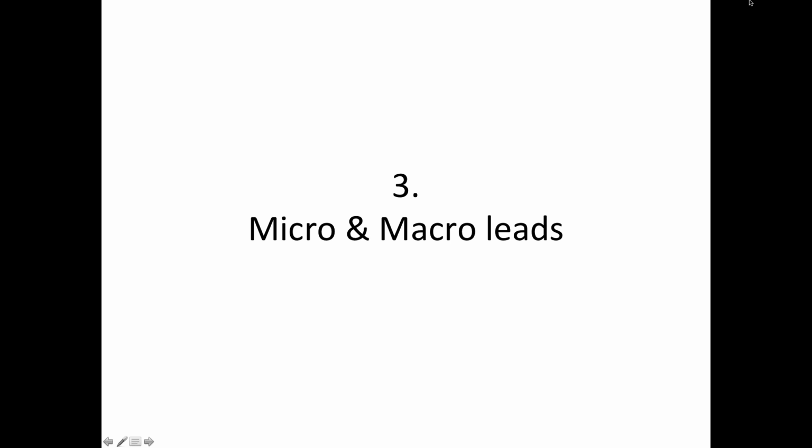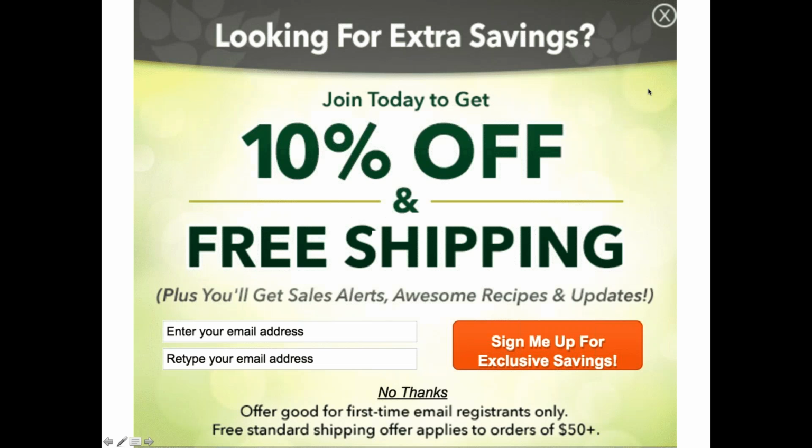Let's see, what are micro and macro leads? So guys, I'll explain that with an example. Let's talk about this lead magnet. It says looking for extra savings, 10% off and free shipping. Now, what is the objective behind this lead magnet?